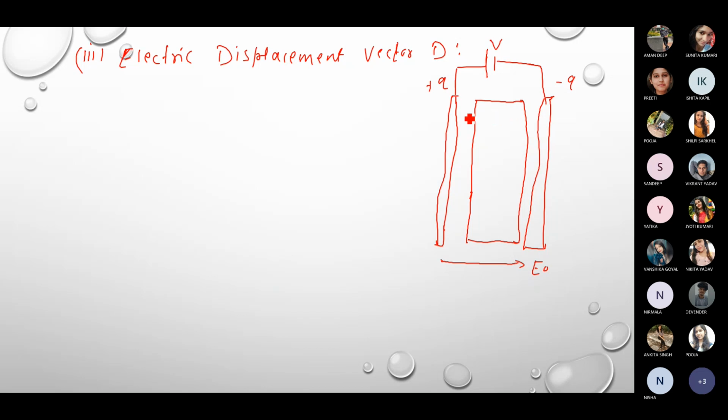So due to the polarization, if this is the positive plate, so it means positive charge is there and negative charge is there on the other plate. So the polarization of the dielectric will take place and negative charge will be collected on the left hand side, and positive charge will be collected on the right hand side.